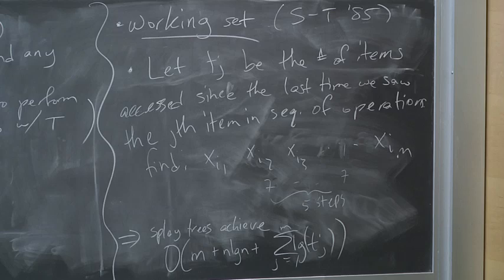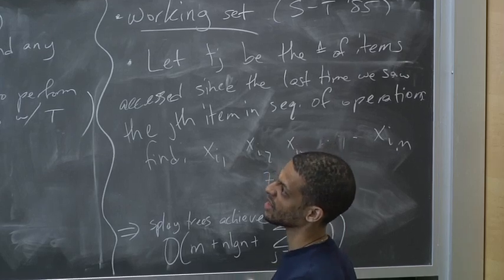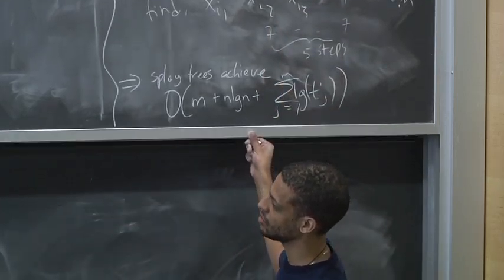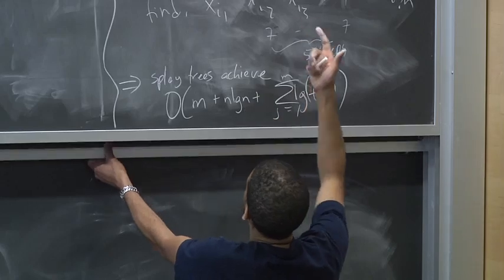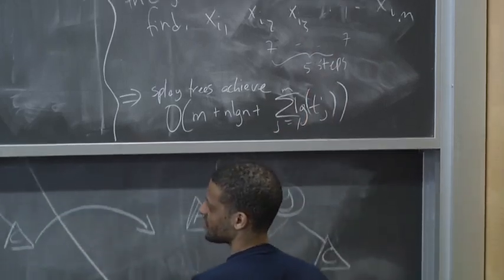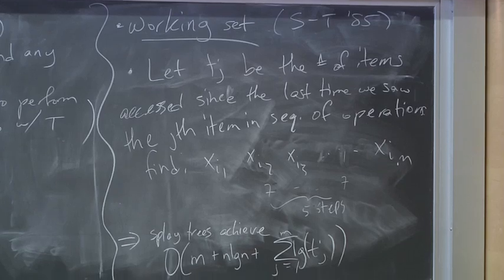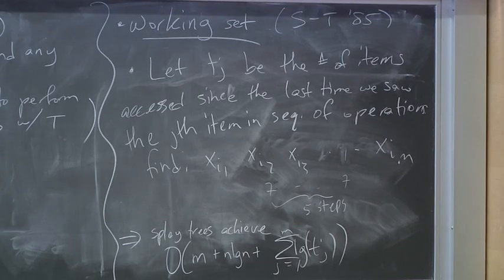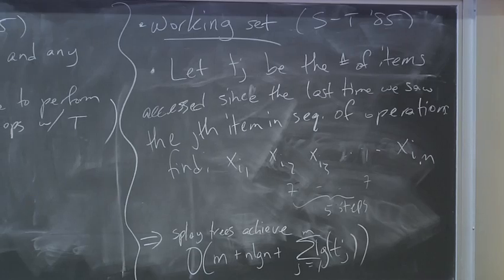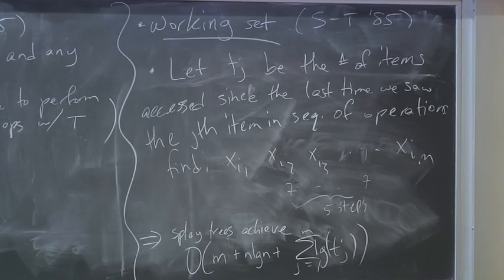So it's not just log in the number of nodes, it's log in how many nodes were there since the last access. And it's called the working set property because if there's a stretch of time where you keep searching for the same 10 nodes over and over again, then you're going to start spending constant time, log of 10. Okay, so like those 10 nodes will be your working set.